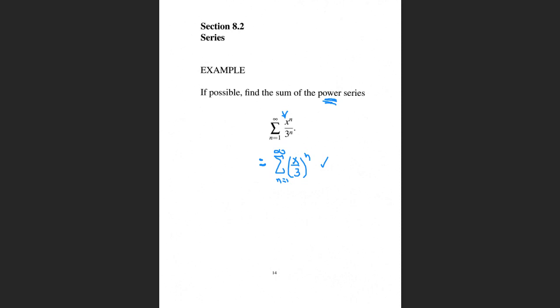So this power series has the form of a geometric series, and we're going to make use of that. So let's go to the next page and write out some terms of this series.